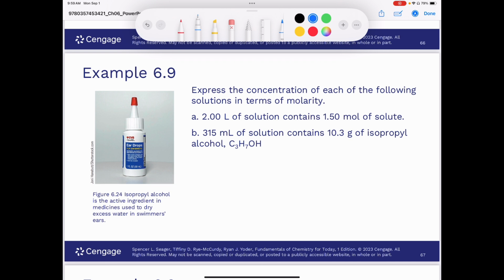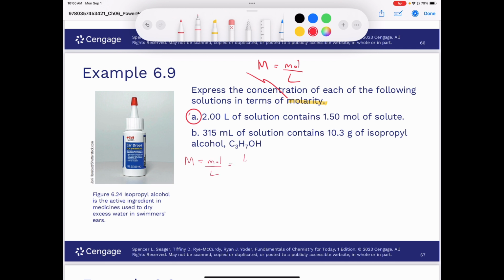The first one says, express the concentration of each of the following solutions in terms of molarity. And remember, molarity is big M, which is equal to the number of moles per liter. In A, we've got 2 liters of solution that contains 1.5 moles of solute. So our molarity, big M, is the number of moles per liter.